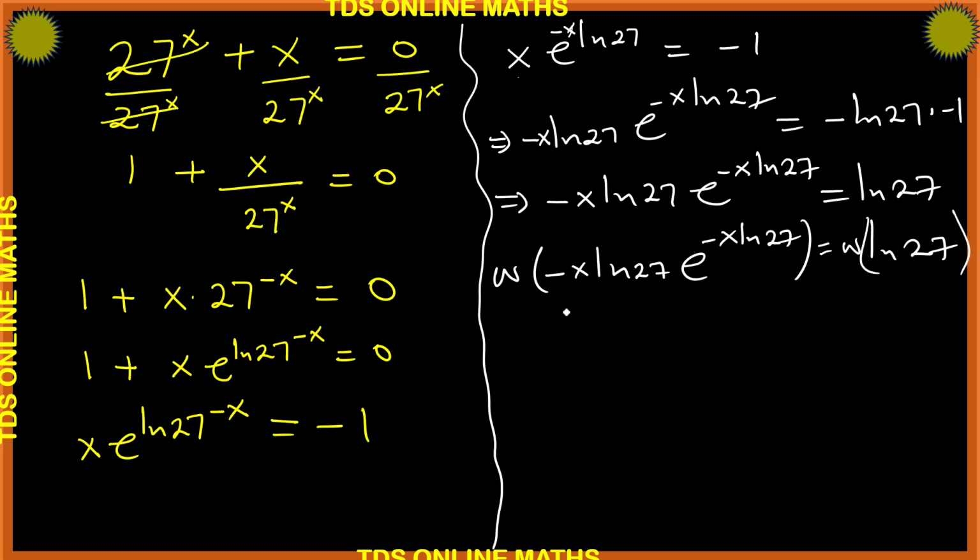W. So this side will be minus x ln of 27 equals W function of ln 27. So let's observe this one well.